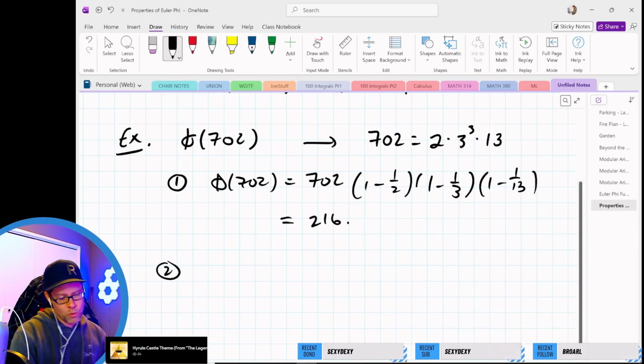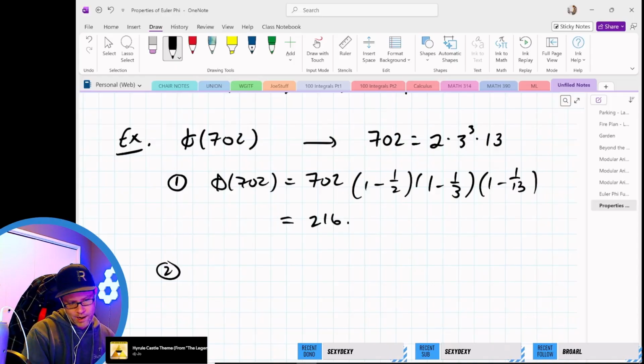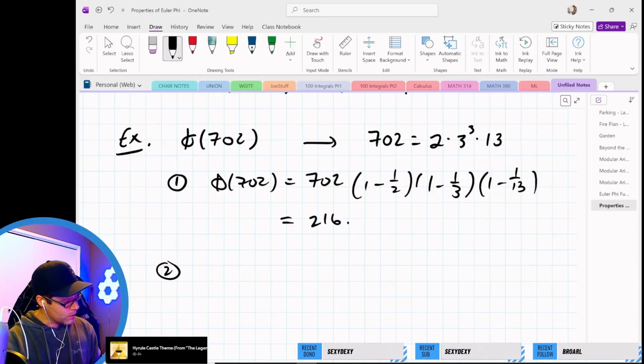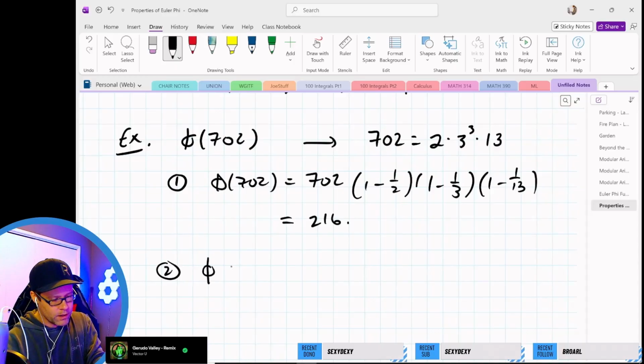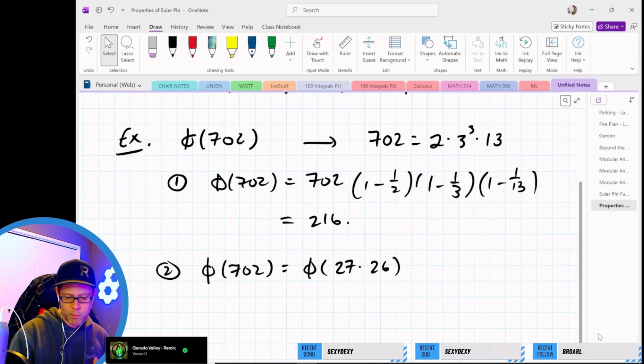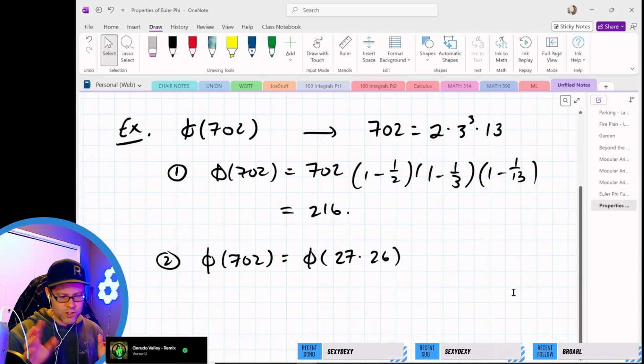Now, if we were a little bit lazy and we didn't necessarily want to drill all the way down and find these explicit prime numbers, what we could do is find numbers that are co-prime. So let's say, for example, I just happen to know that 702 was equal to 27 times 26. Most people wouldn't know this, but let's just say.